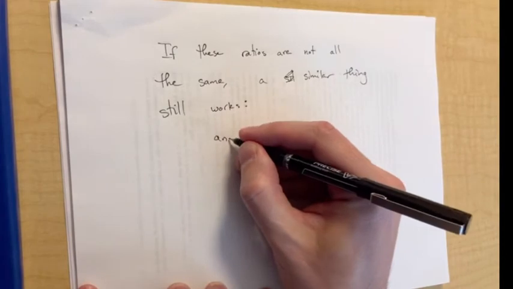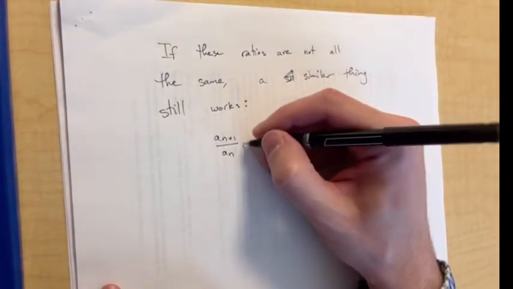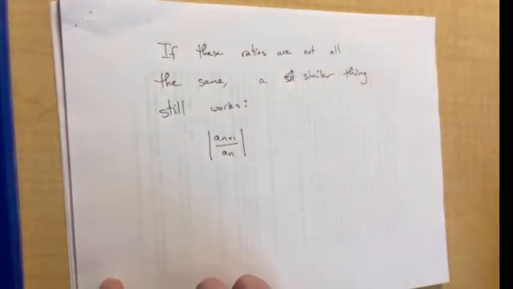This ratio, a_{n+1} over a_n, I'm also going to look at the absolute value of that ratio. Remember, when you take that R, what determines convergence is the absolute value of R. So this says the absolute value of a_{n+1} over a_n.